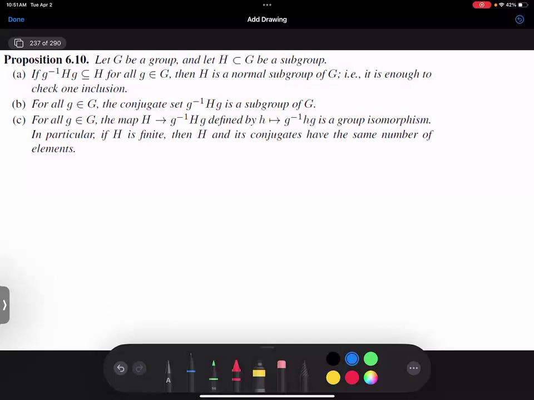What would it mean if, say, g inverse h1 g equals g inverse h2 g? You think you could have two different things going to the same thing? Do you think this is possible?